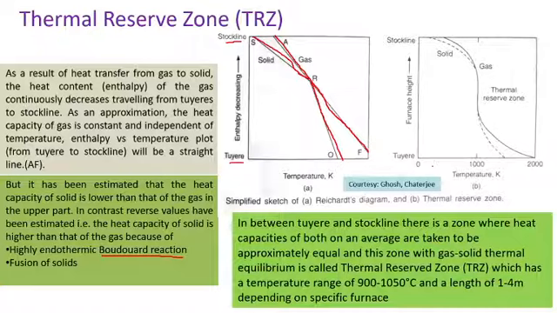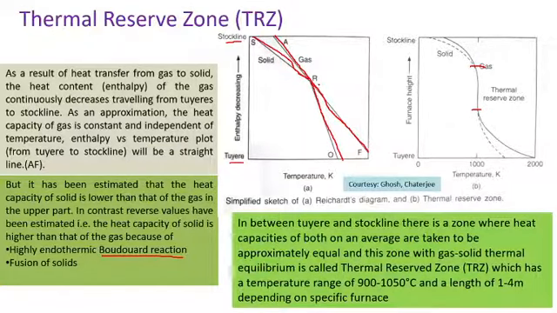There is a thermal reserve zone where the heat capacity of both, that means the solid and the gas, on average are taken to be approximately equal. As per the relationship of enthalpy and heat capacity, we can say that gas-solid thermal equilibrium is attained in this TRZ, the thermal reserve zone.